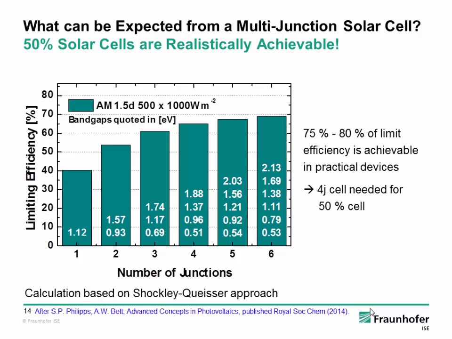For a triple-junction solar cell, it's roughly 60% in theory. So with a triple-junction solar cell, we end up in reality with a maximum efficiency of 45 to 47%. Then we have to add another junction.